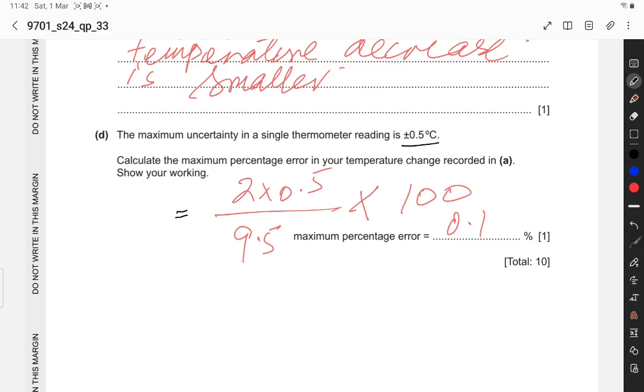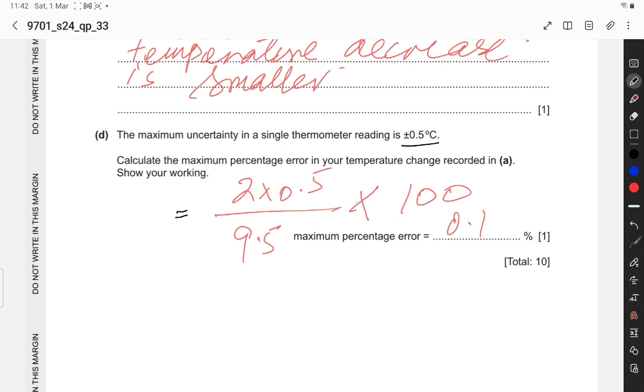So this is the actual temperature change, and this is two times we have taken the temperature reading. So multiply 2 into 0.5 degree centigrade, the accuracy of the thermometer.